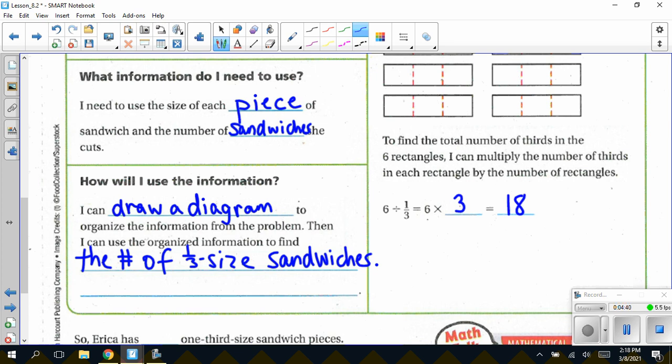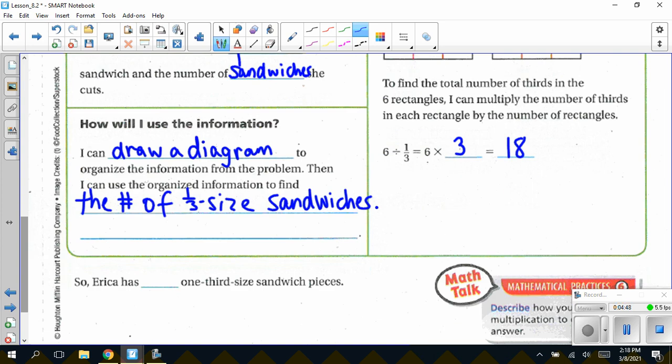Now, eventually, we are not going to want to solve this using a diagram. And what we do when we divide a whole number by a fraction, or a fraction by a whole number, or a fraction by a fraction, is we do something that is called taking the reciprocal.